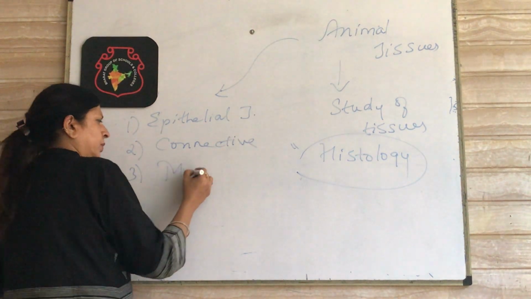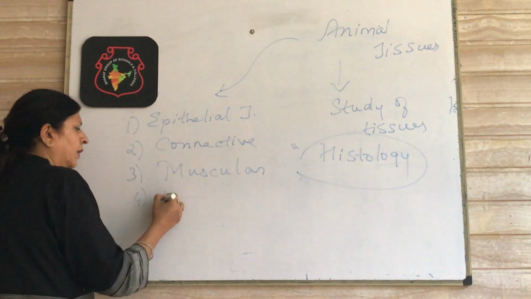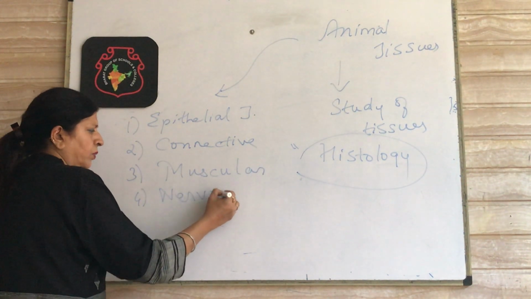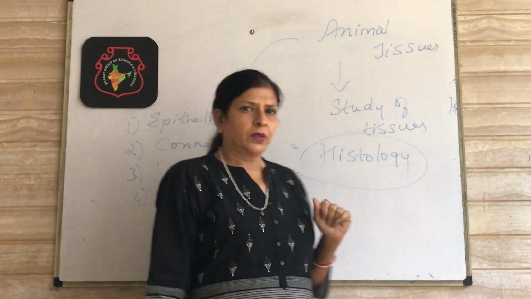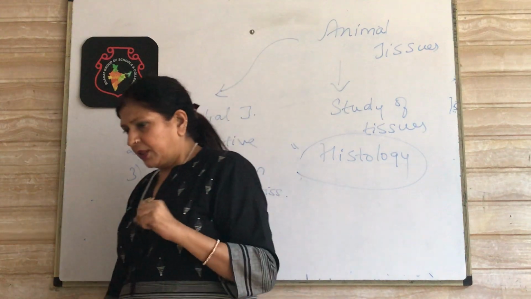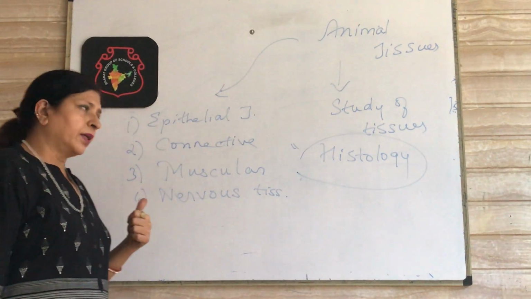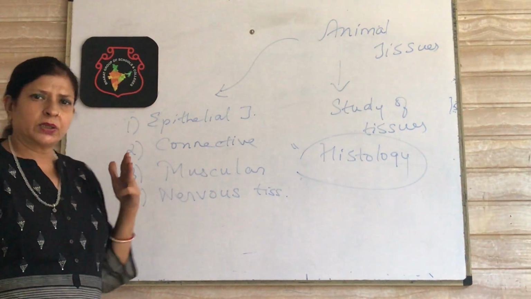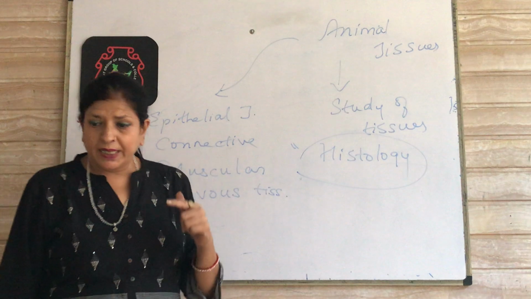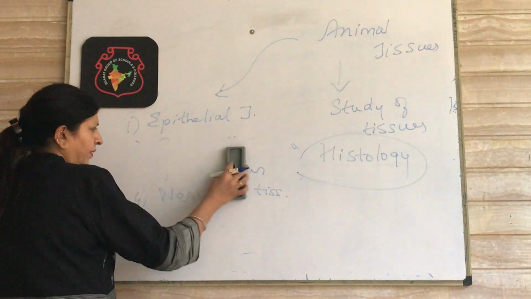We'll study about muscular tissue, and we'll also study about nervous tissue. We'll cover up. These are the 4 major tissues in animals: epithelial, connective, muscular, and nervous. Let me go in detail with the epithelial tissue.